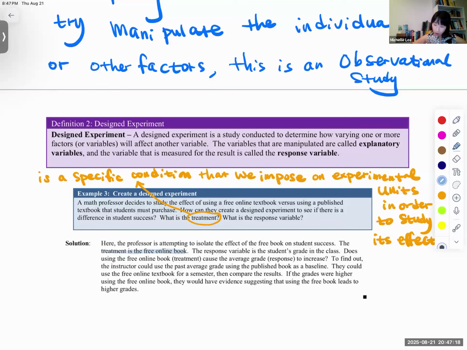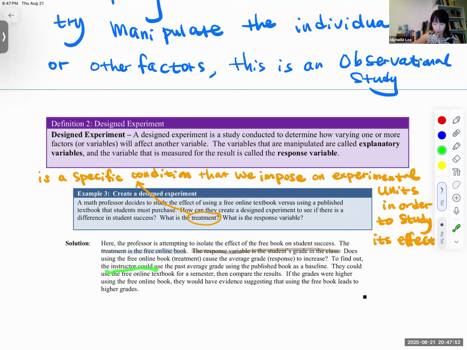Then they say that the response variable is the student's grade in the class. Then let me read this one. Does using the free online book treatment cause the average grade response to increase? How do we find out, right?